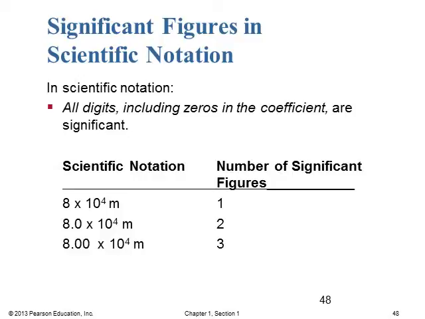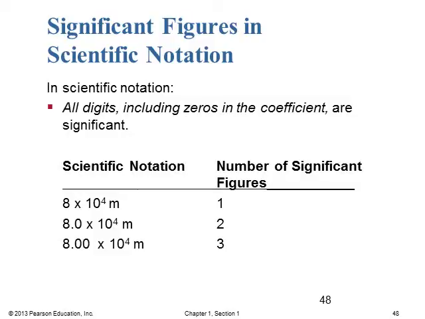Determining the number of significant figures in scientific notation is much the same as any other number. You're just going to be concentrating on the coefficient. If you concentrate just on the coefficient in these 3 different values, if we just have 8, then it's just 1 significant figure. If we have 8.0, that 0 after that decimal point is significant.